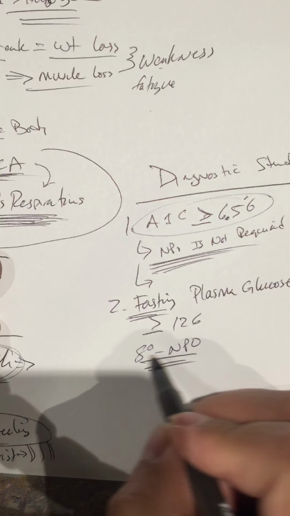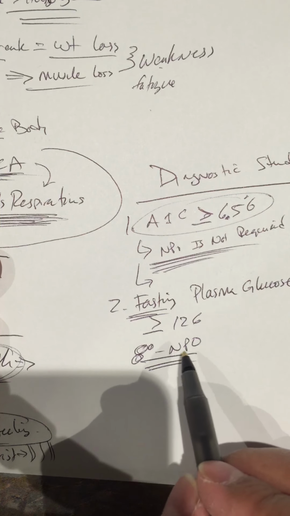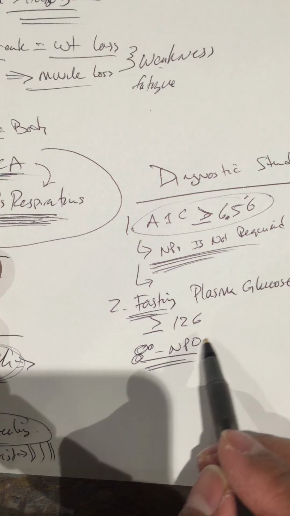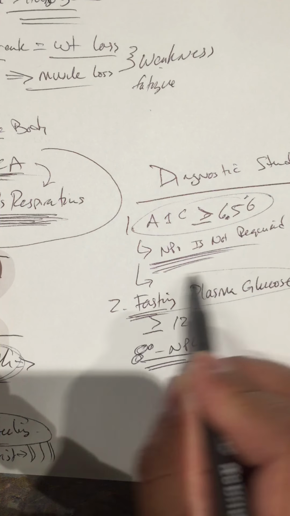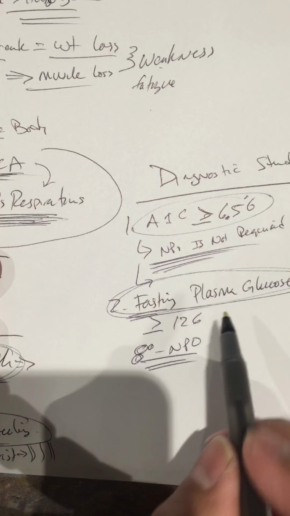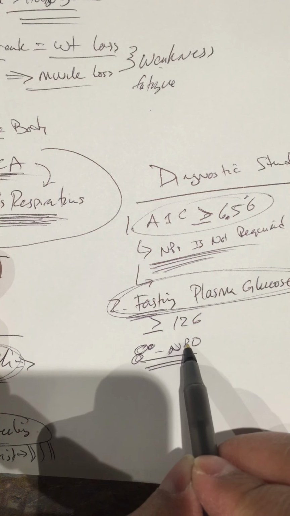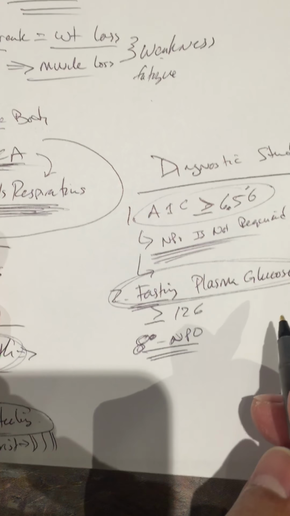Okay, or NPO for 8 hours. It's not going to do you any good if they had a huge meal, cheeseburger, fries, and a pop, and then they went in and did this exam. It's not going to be an accurate study, so they must be told, they must be informed, they must be educated that they must be NPO or have no caloric intake for a minimum of 8 hours.